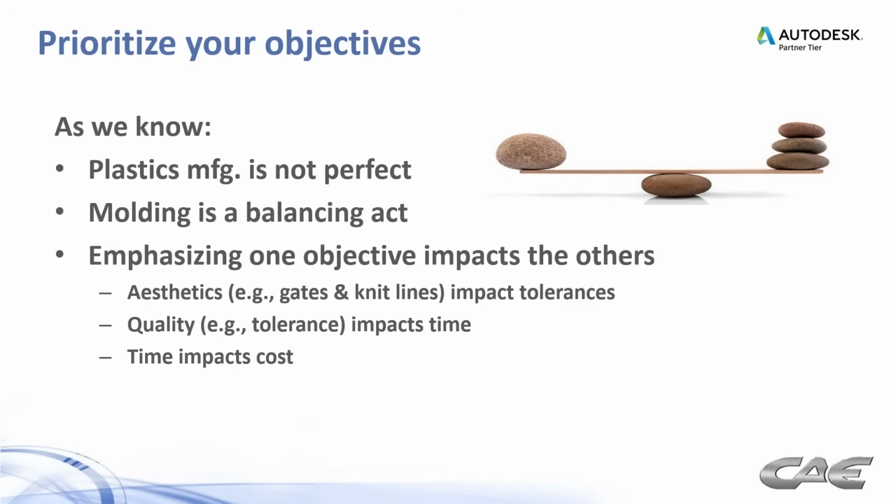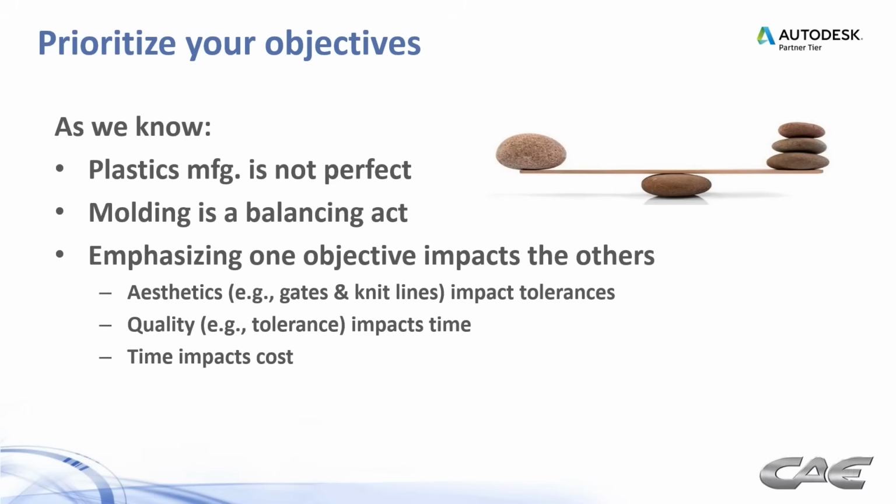For example, if you are focused on aesthetics, such as, you can't have gate vestiges in certain areas, or you can't have knit lines in other areas, that's going to impact your tolerances because the filling pattern matters to how much a part is going to shrink, how much shrinkage variation there's going to be, and therefore how much it's going to warp.